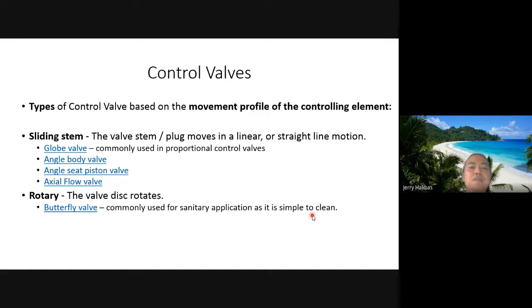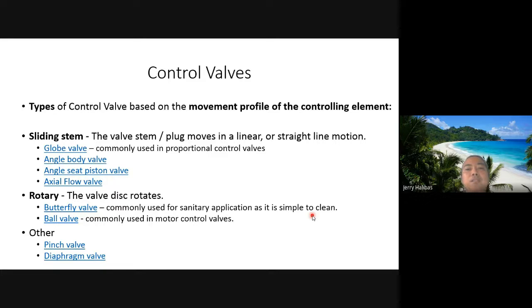That's why it is commonly used for sanitary applications, where the media is a food product, like milk passing through the valve. With residue, the butterfly valve is better because it is easier to clean, unlike the ball valve. And the butterfly valve is also faster compared to the ball valve.